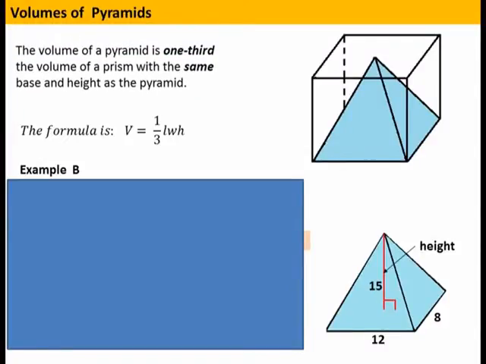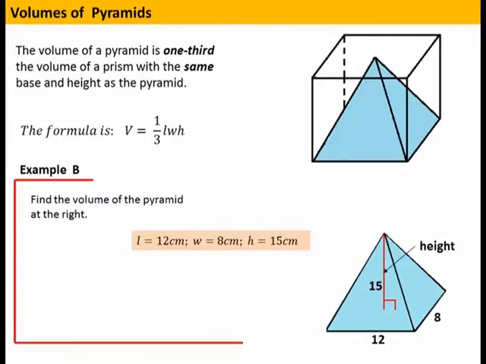Volumes of pyramids. The volume of a pyramid is 1/3 the volume of a prism with the same base and height as the pyramid.